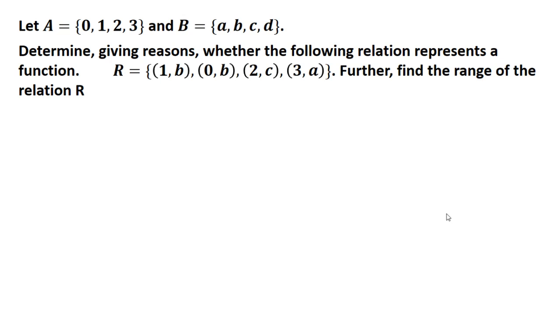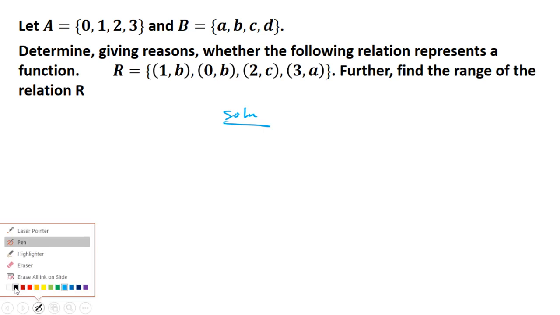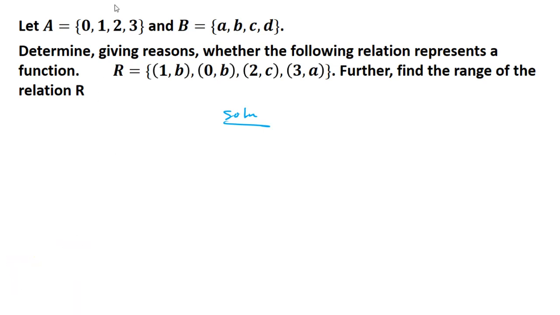Then I have this other question. Determine, giving reasons, whether the following relation is a function. So you write the solution. If you look at what we have been given, we have two sets, this set and that set.